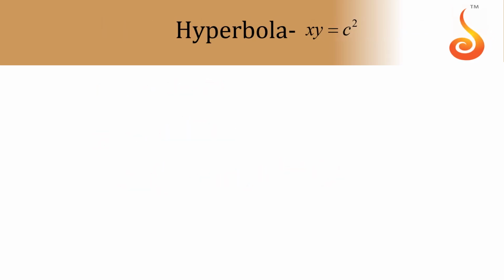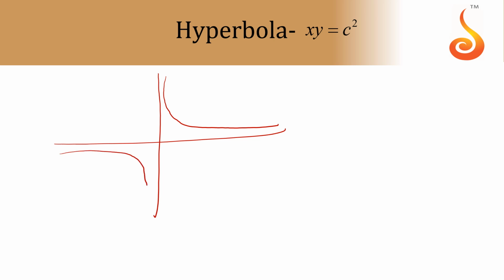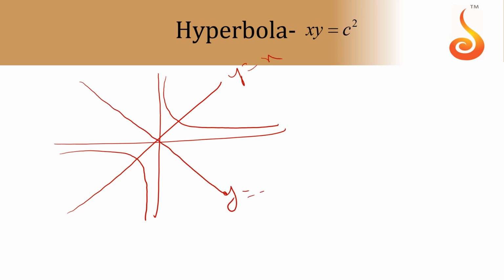So let us learn about a special hyperbola which is rectangular, xy equals c square. For this xy equal to c square, the curve will be like this. So asymptotes are the coordinate axes, and its transverse axis will be y equals x, and conjugate axis will be y equals minus x.